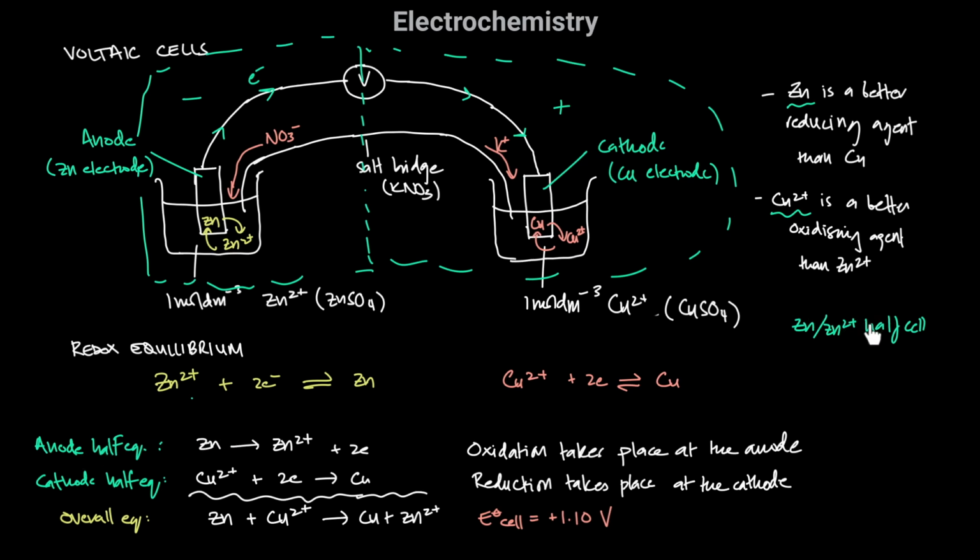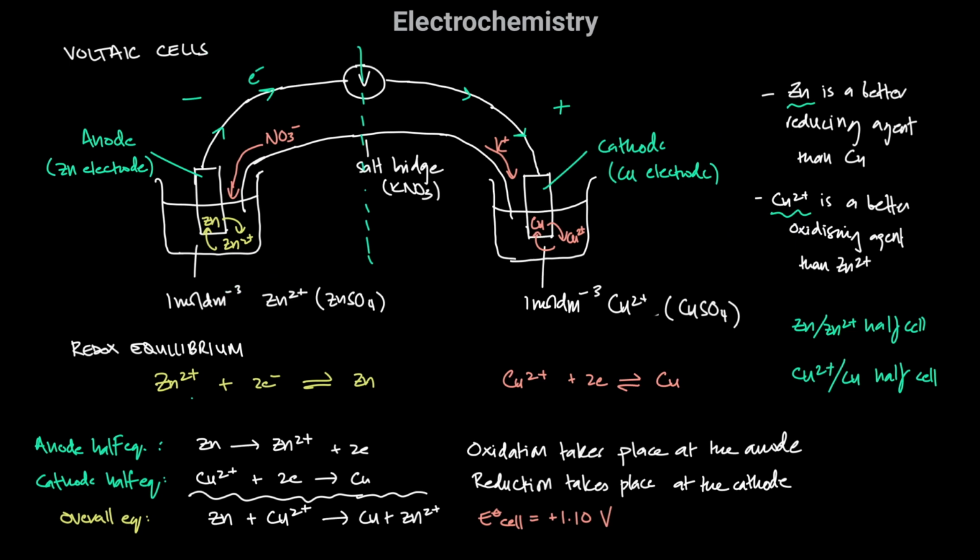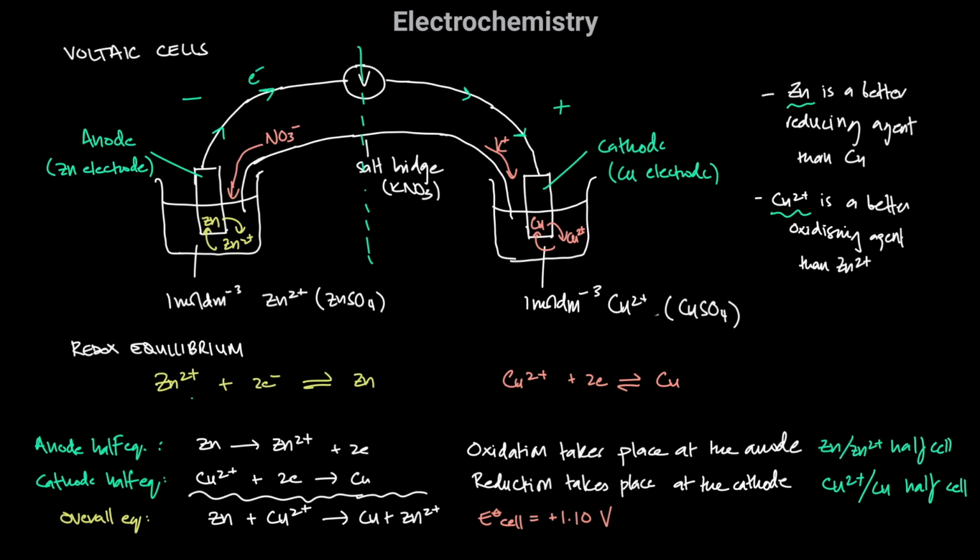And then we have the copper 2 plus/copper half cell, that's your copper electrode, where copper 2 plus is undergoing reduction to form copper. Two half cells make up a full cell, so this cell is made up of these two half cells.